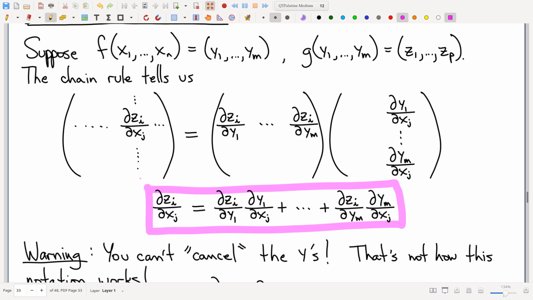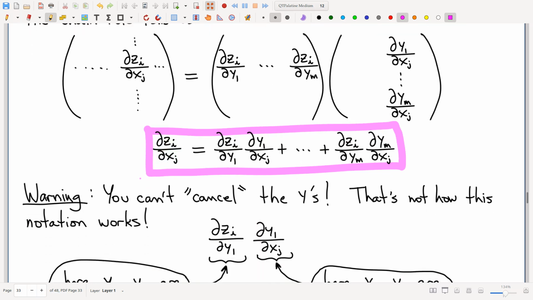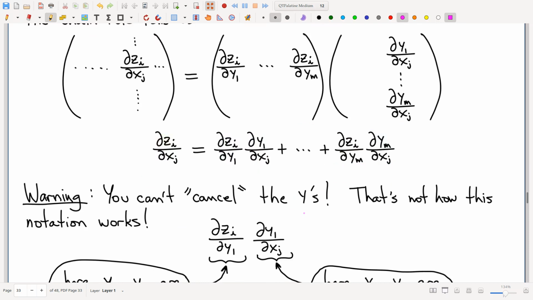Now, I have to give you all a warning on one thing. There is a temptation. I've seen this happen a lot of times, and this is really, really wrong, and not in a forgivable kind of way. This is actually a dramatic error that's really bad.